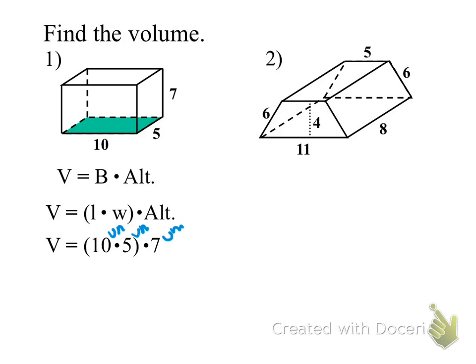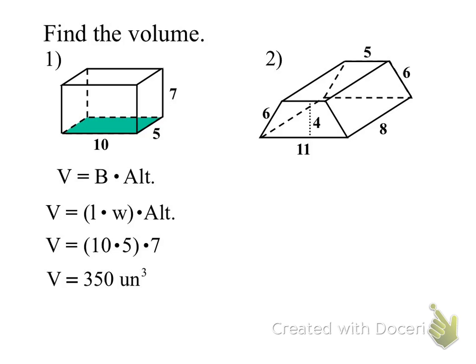That's why it's units cubed in the answer. So it's units times units times units. So the answer is 350 square units. No, cubic. Cubic units, sorry. Always happens when I'm recording. I get nervous. All right.